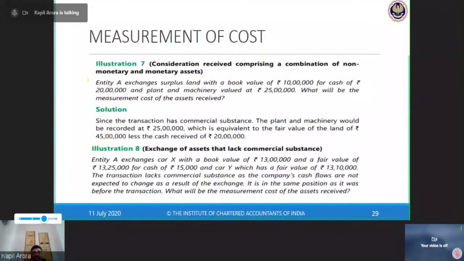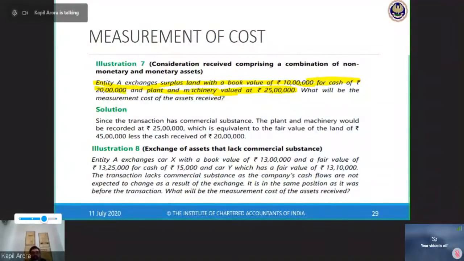Entity A exchanges a surplus of land with a book value of 10 lakh for cash of 20 lakhs and plant and machinery value of 25 lakhs. What will be the measurement cost of the asset received?